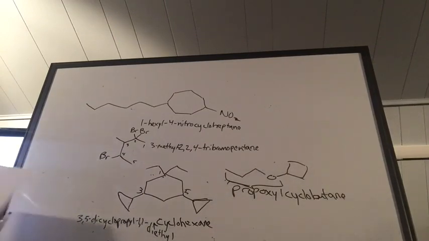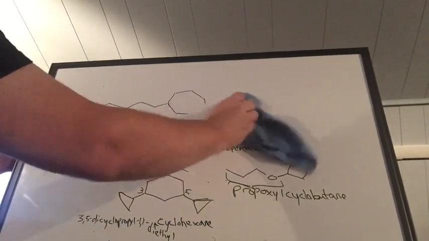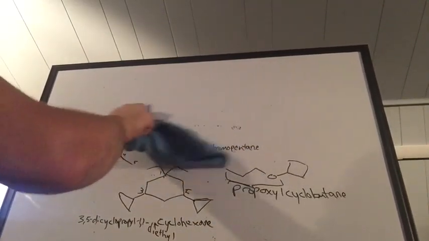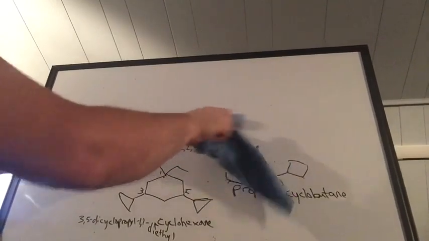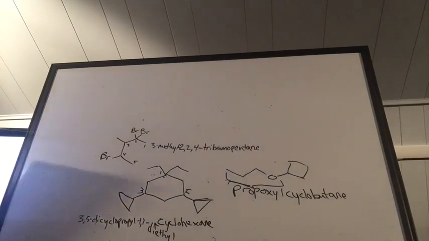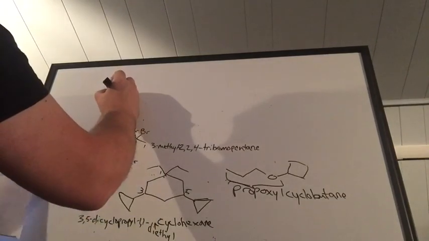So the things to draw, I will do for you real quick, and then it'll be a wrap. So I'll just erase this top one up here. Okay, so 2,4-dibromo 3-methylheptane.